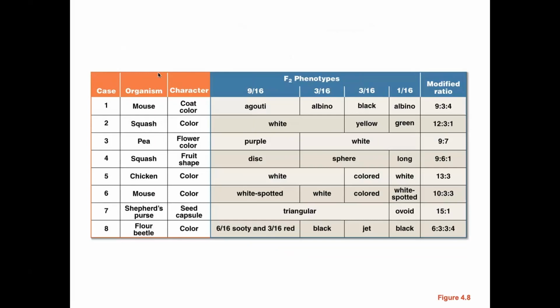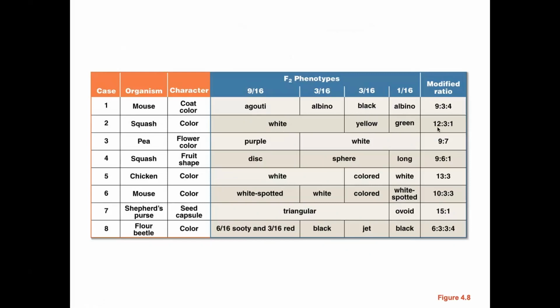So what they saw, again, was something that was non-Mendelian. In this particular set of crosses, in that F2 population, 12/16 of the plants produced white fruit, 3/16 produced yellow, and 1/16 produced green. So a 12:3:1 phenotypic segregation ratio. That's non-Mendelian, but they recognized that, again, as a variation of 9:3:3:1.